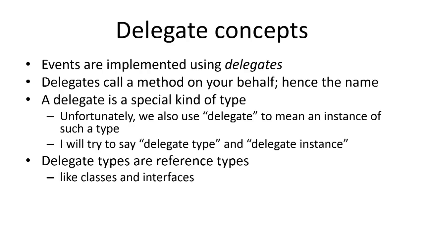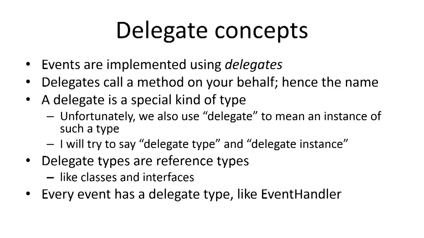Delegate types are reference types. They're like classes and interfaces. In fact, delegates are a special kind of class. And every event has associated with it a specific delegate type, like EventHandler, or in the code that we saw, EventHandler of char, the generic delegate type.